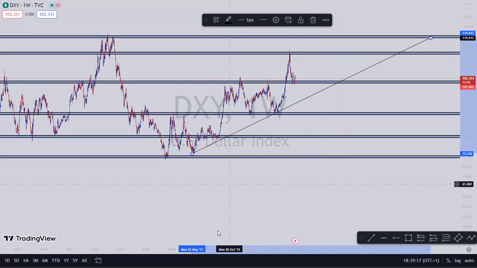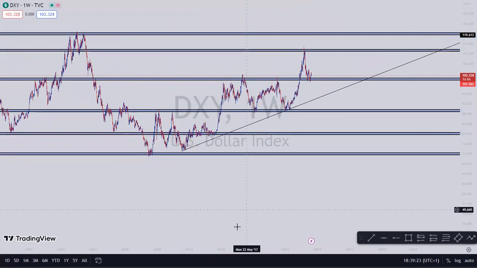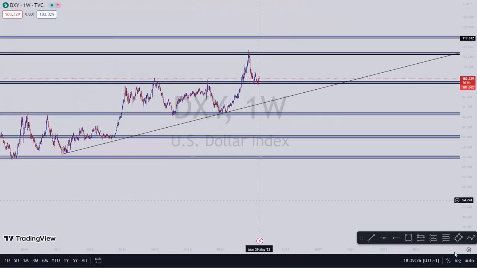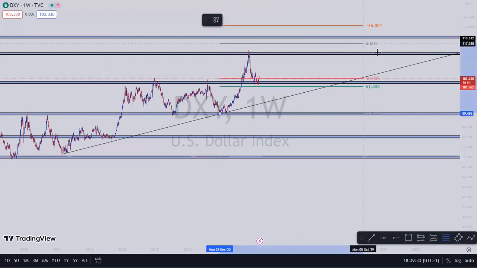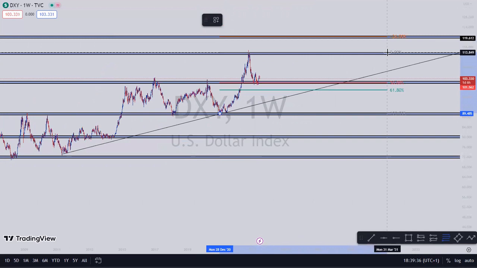From here, I can say, let me just come and put my fib level, my Fibonacci again. So for this Fibonacci, you can see that we tapped into it twice, and guys, we did a double bottom at a major level.